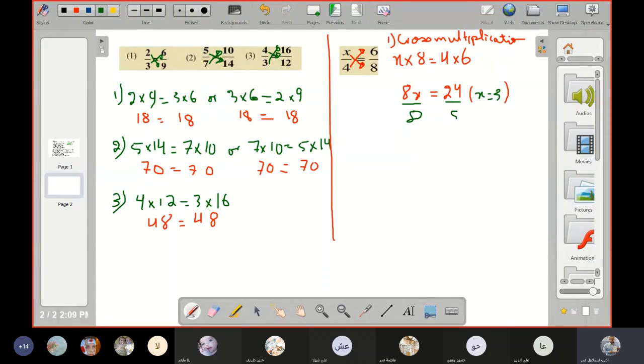Then we simplify 8 by 8. We get x over 1, which is x, is equal to 24 over 8, which is 3. This is how we make an operation.